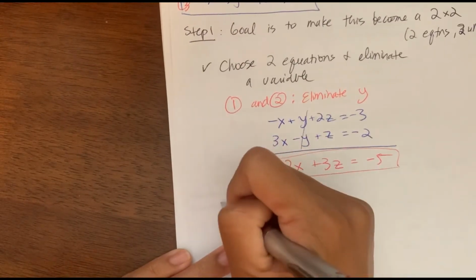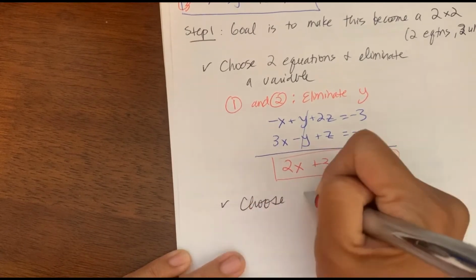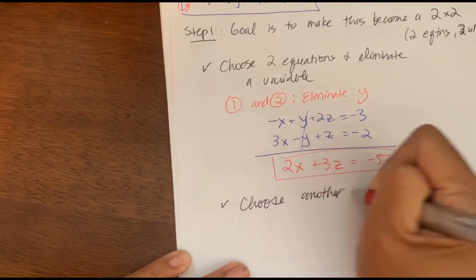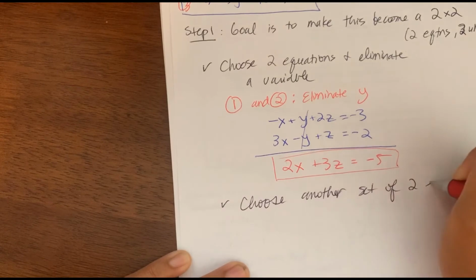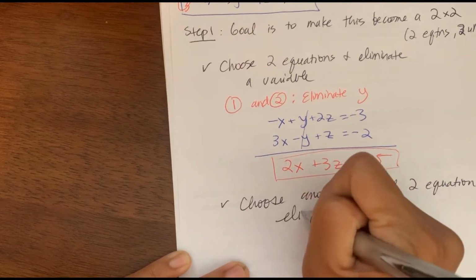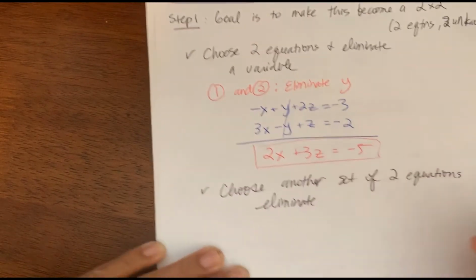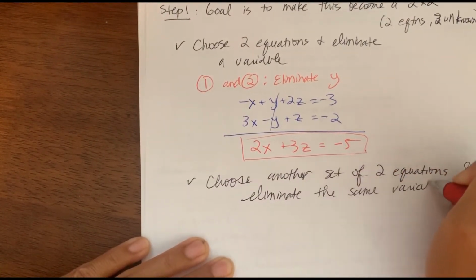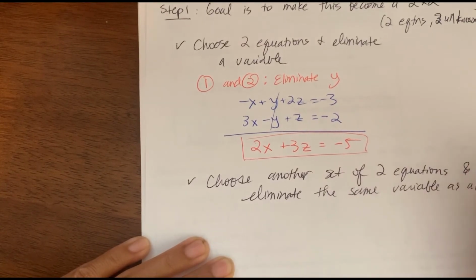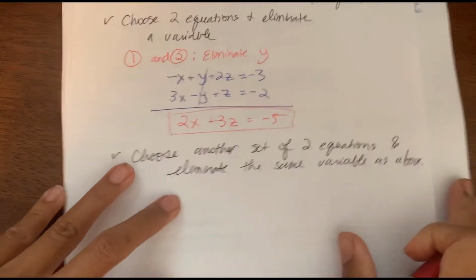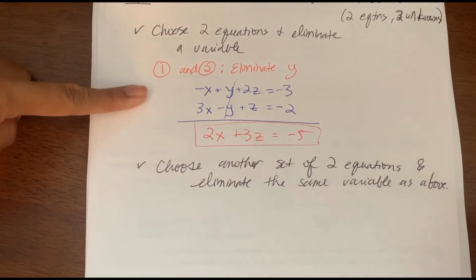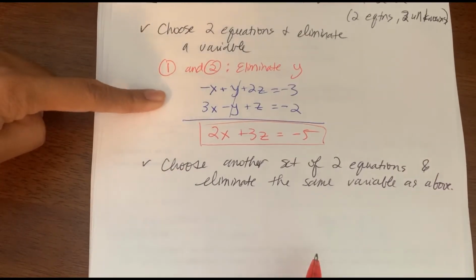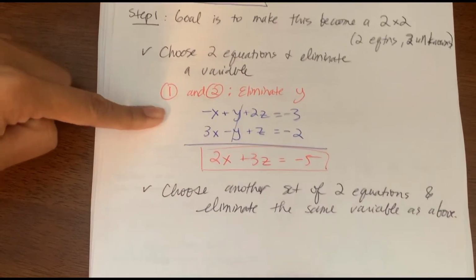So now I'm going to choose another set of 2 equations and eliminate the same variable as above. I eliminated y up here, so I need to eliminate y again. I need to pick 2 other equations where I can eliminate the y.